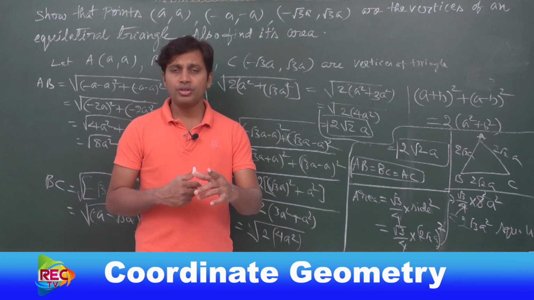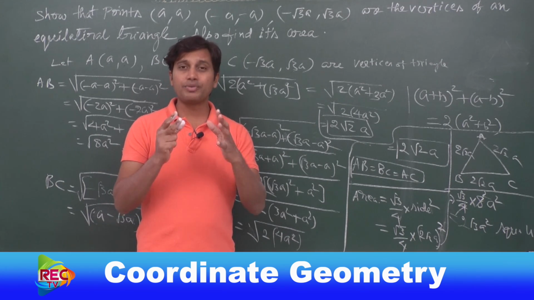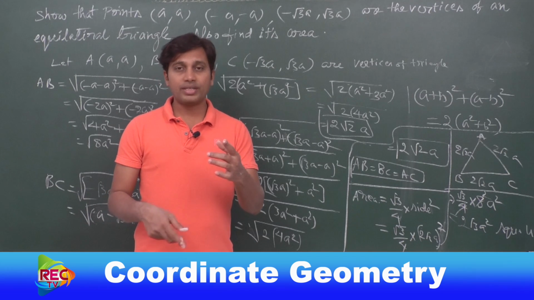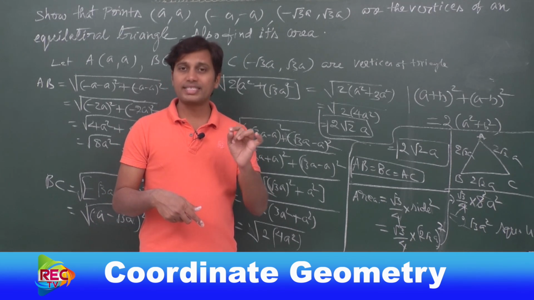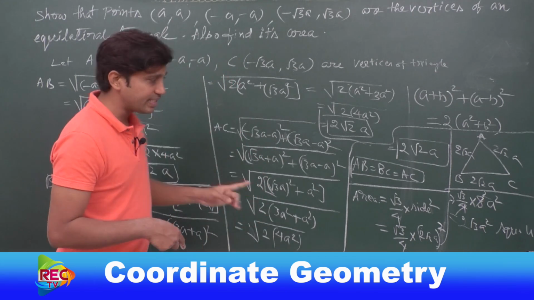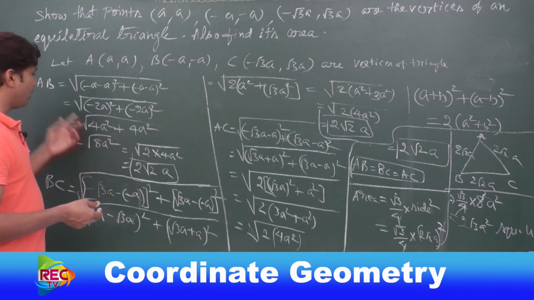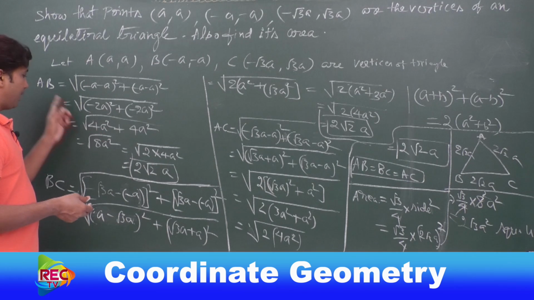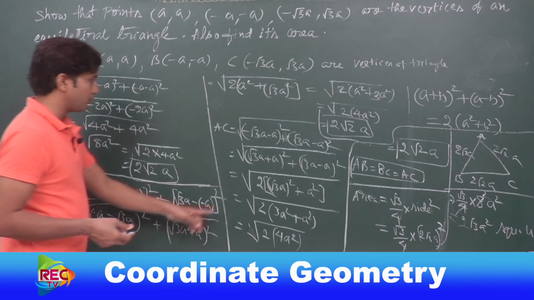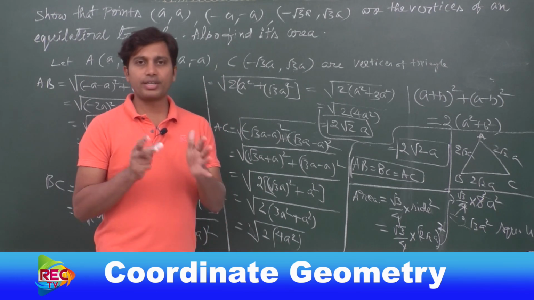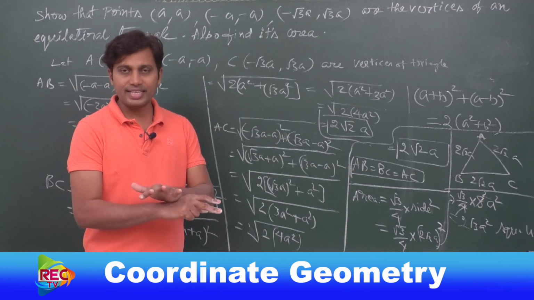Then we need to have awareness of the property of an equilateral triangle about the sides. What is that property? All the sides are equal. If all the sides are equal, then it's an equilateral triangle. So we got all the sides 2 root 2A, AB also 2 root 2A, BC also 2 root 2A, and AC also 2 root 2A. All the sides we got equal. So therefore it's an equilateral triangle.